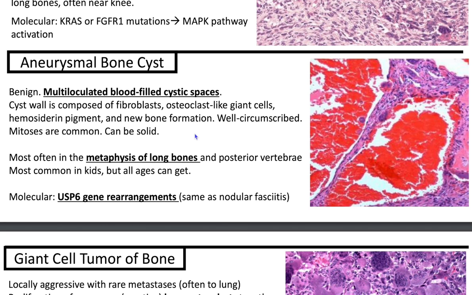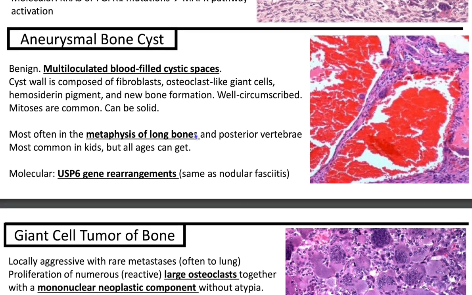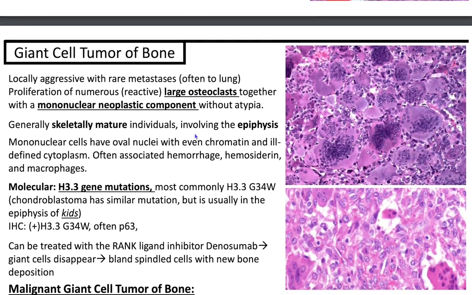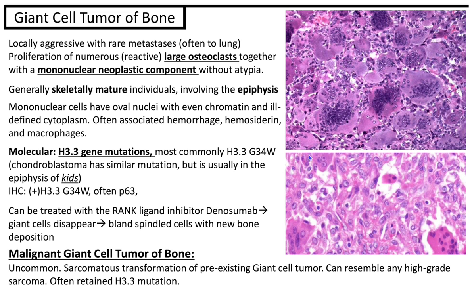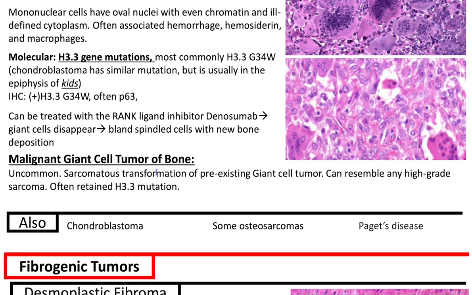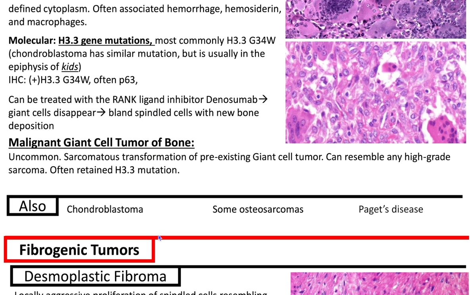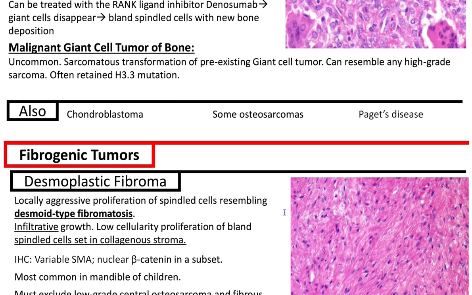Otherwise, you might want to think about telangiectatic osteosarcoma. Giant cell tumor of bone, you'll see this large osteoclast with more than 50 nuclei together with a mononuclear neoplastic component. You have that H3.3 gene mutation similar to the chondroblastoma, and these can become malignant. You can also have chondroblastoma, some osteosarcomas, and Paget's.